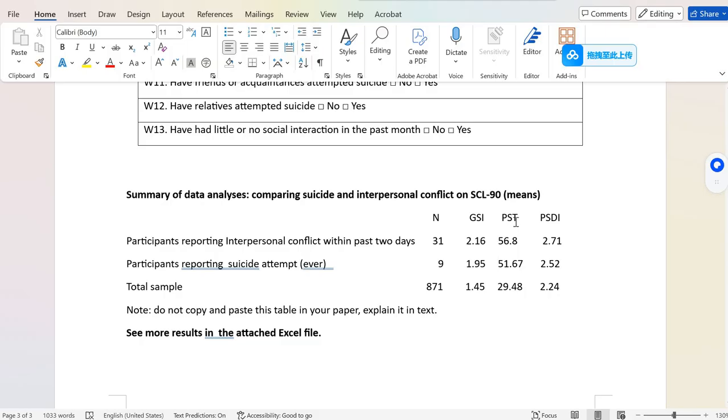So it seems that the PST is the most powerful differentiator between those who had reported risk behaviors and the total sample.